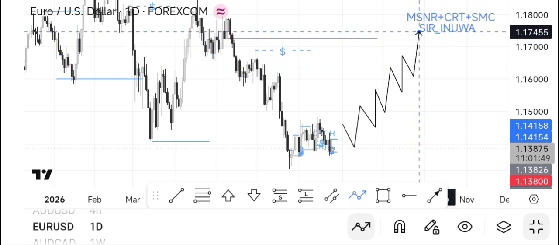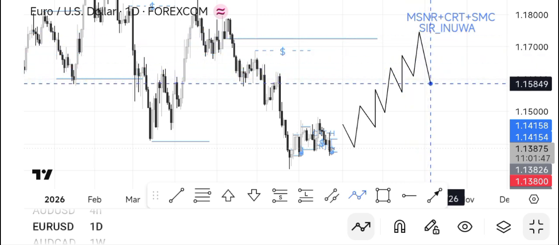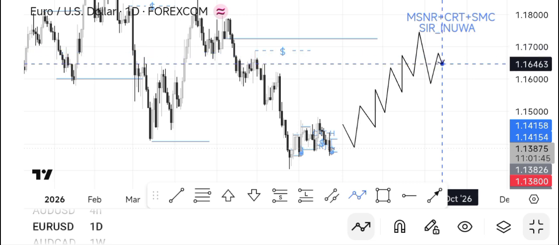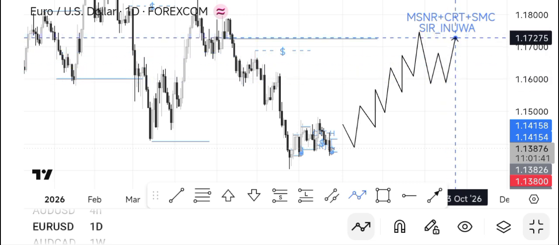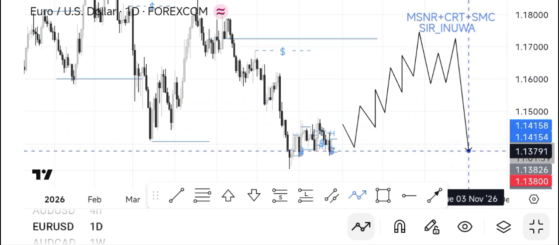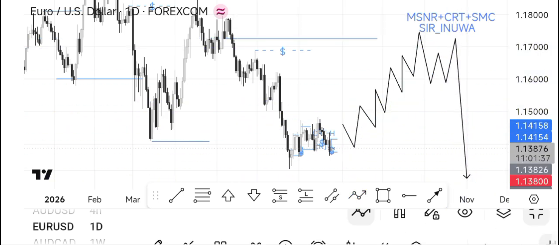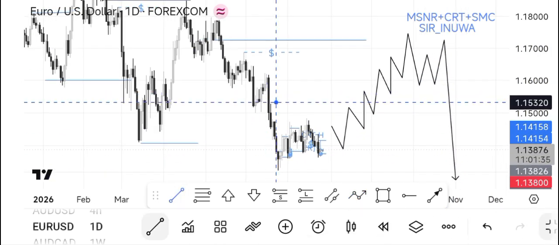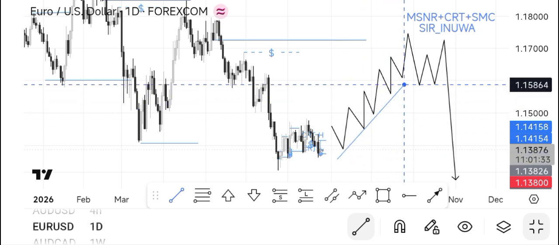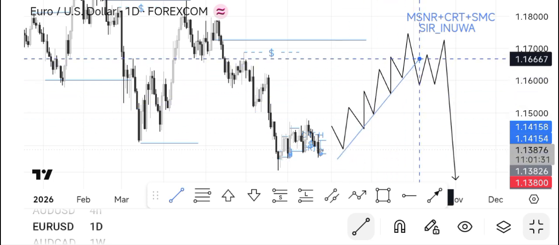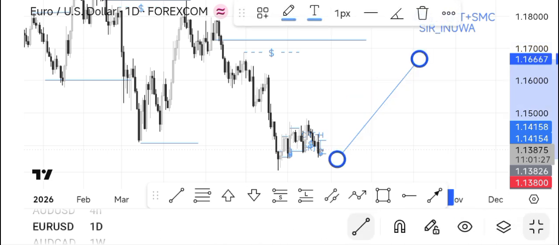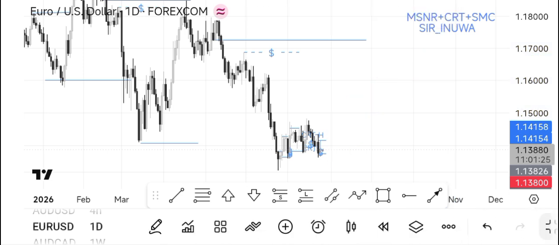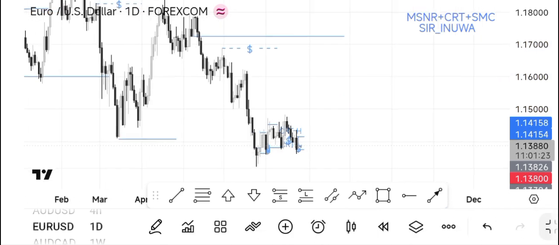It will stop, give us a change of character, pull back, fulfill the imbalance, then we dish out and continue and clear out all the external liquidities that are here. So that's what I'm expecting on EURUSD.